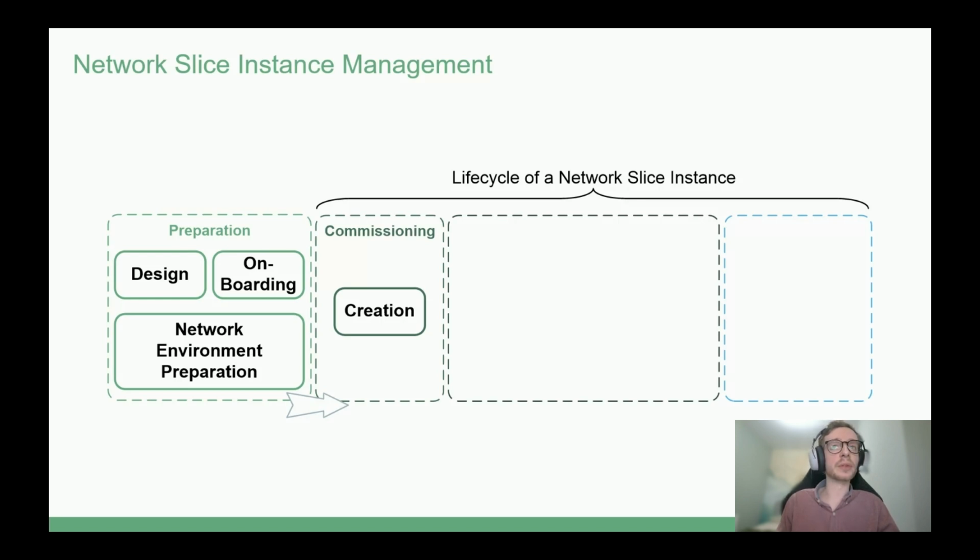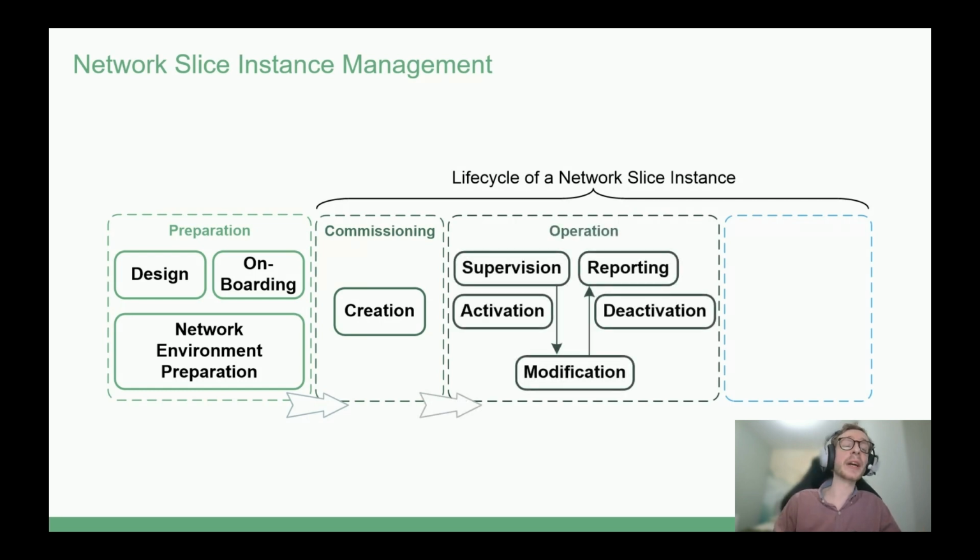We also have the operation phase, and this is when a slice is operating. So we can either activate or deactivate a slice in this phase. Deactivation, we're not deleting that slice, we're just putting it into an idle state. During operation, we also need to think about supervision, reporting, and modification. So we can supervise our network slice, we can identify any issues and modify that network slice.